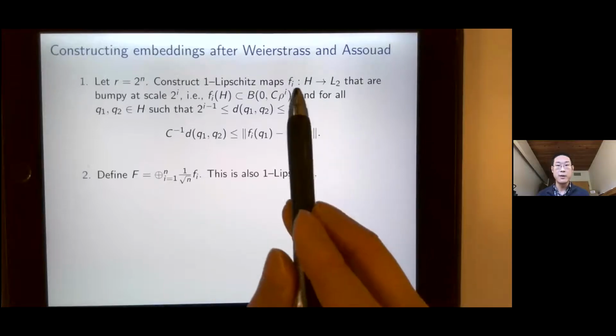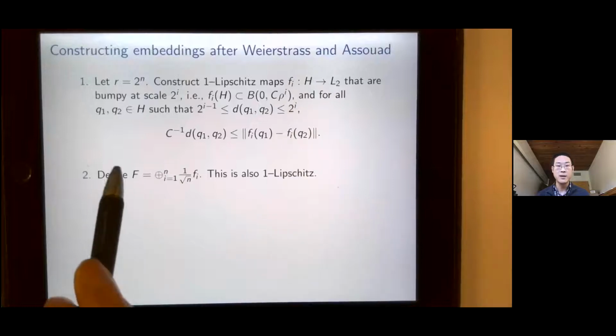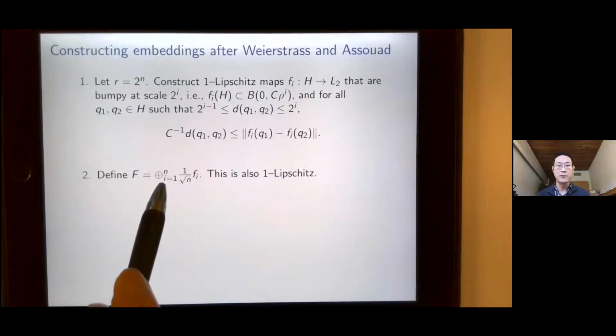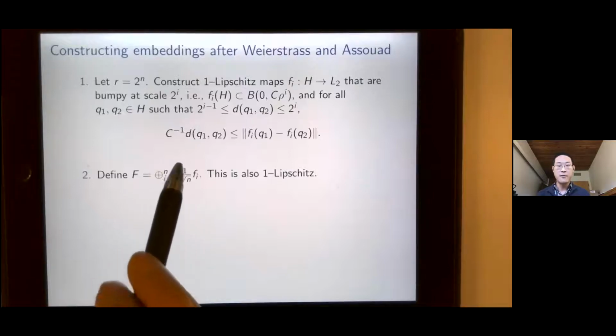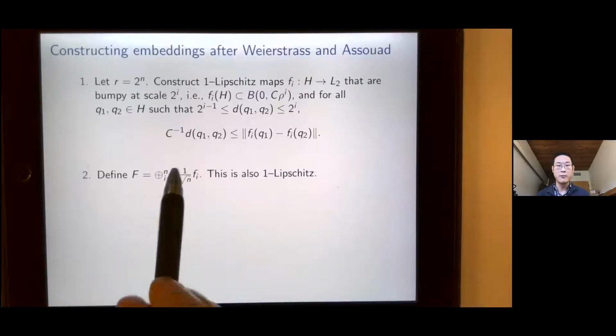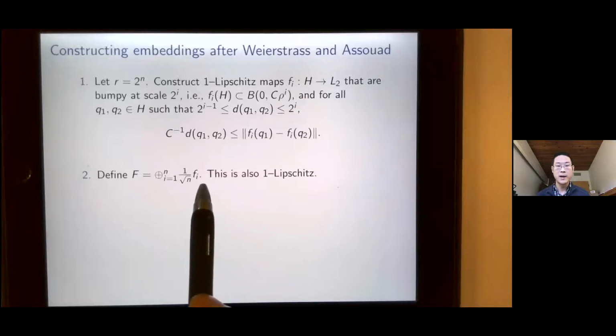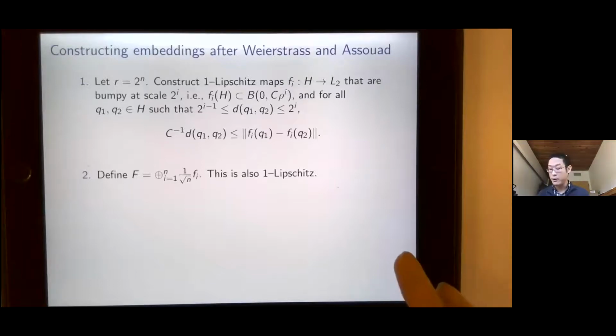So we rescale each of the f sub i by a factor of root n, and we stick them all in orthogonal subspaces of L2. Because we have n terms that are each 1 over root n Lipschitz, orthogonality tells us that this is 1 Lipschitz. And it turns out that this does reasonably well at separating points. This preserves the metric reasonably well.